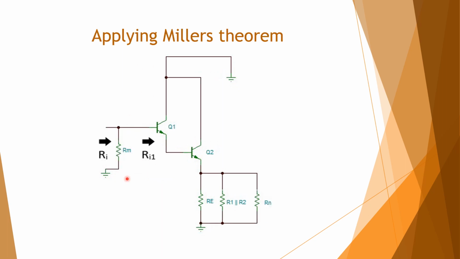So applying Miller's theorem to R3, we get two resistors, Rm and Rn, just as discussed before. One is node 1 to ground, and the other is the emitter node 2 to ground, that is Rm and Rn. Ri1 is the resistance seen from the base of the first transistor Q1, and Ri is the effective input resistance seen from the input side.